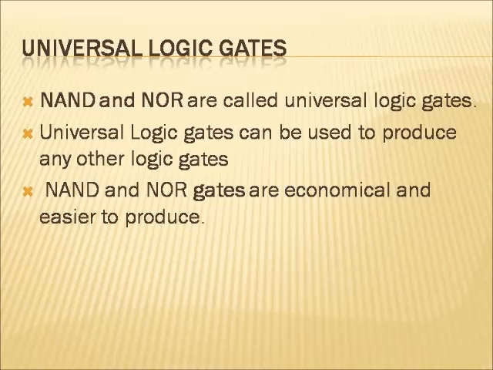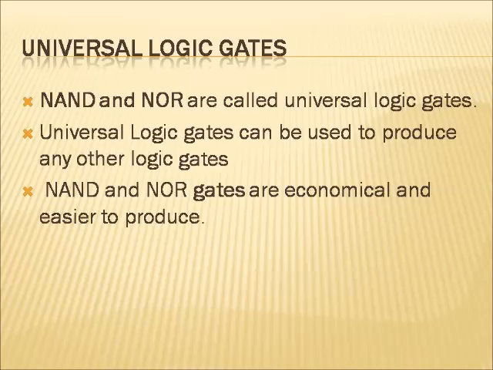There is a reason behind this, because the speciality of these universal logic gates is that they can produce all other gates, including the basic logic gates. When it comes to economical terms, NAND and NOR are easier to produce.